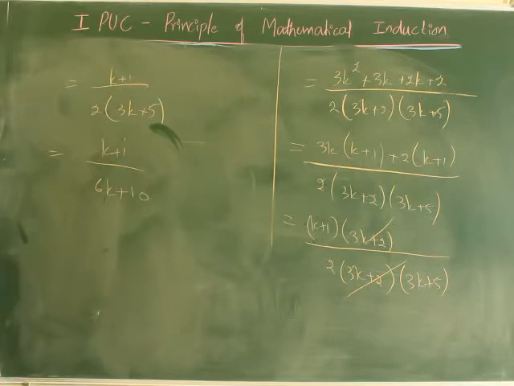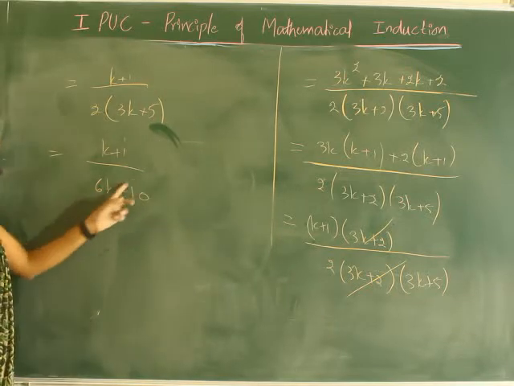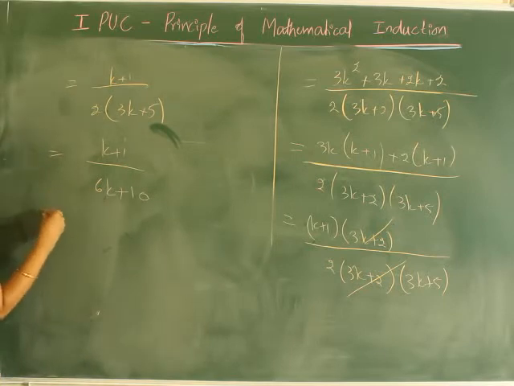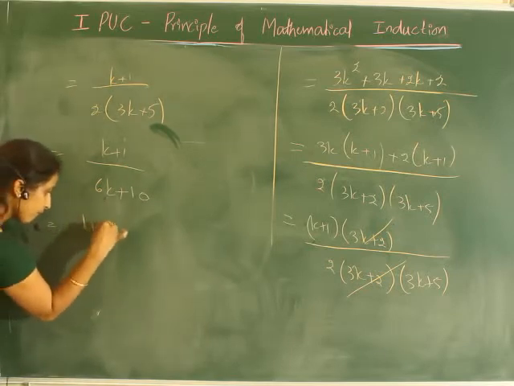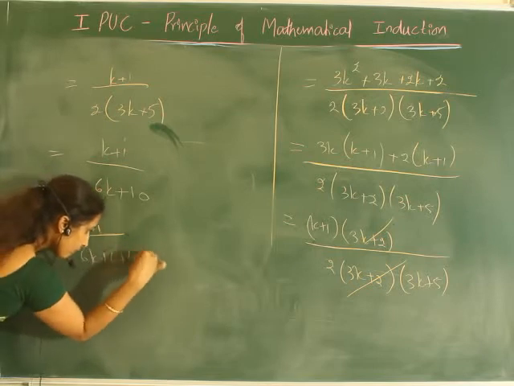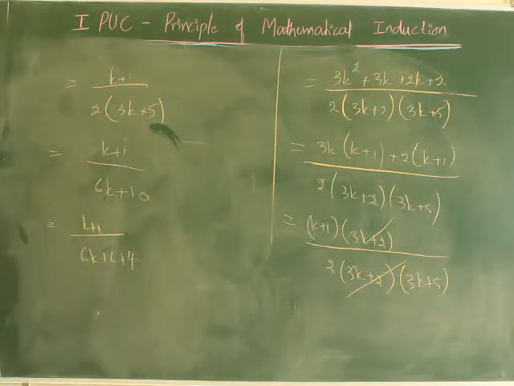To get the final answer, I will write 6k plus 10 as, I'll write 10 as 6 plus 4.